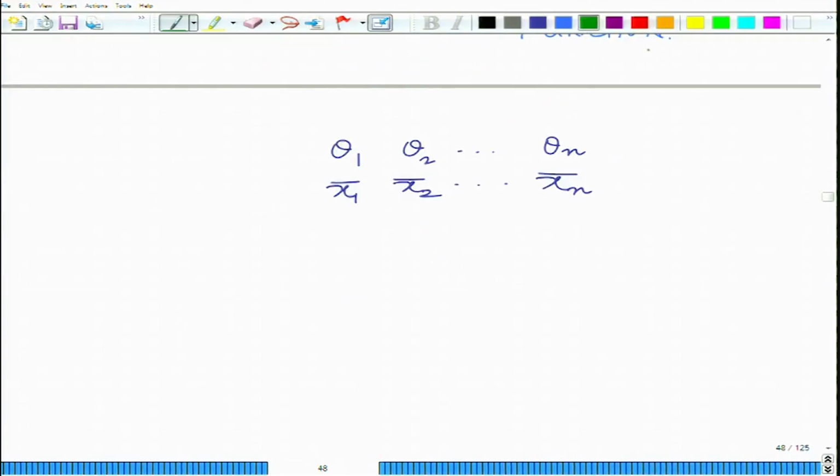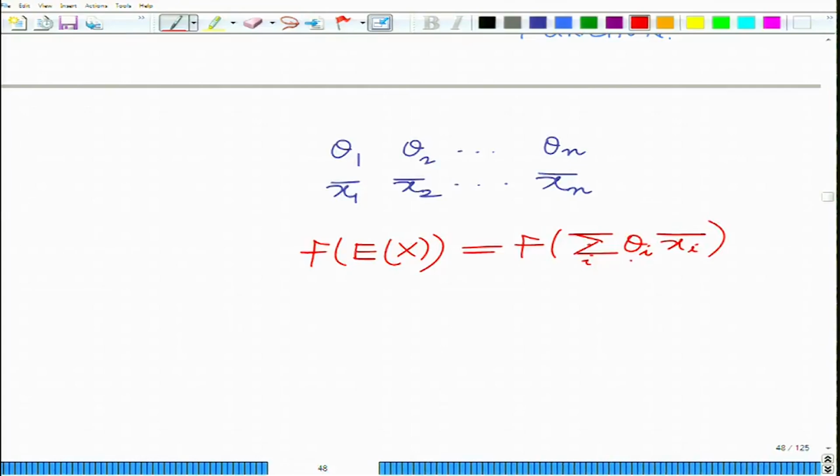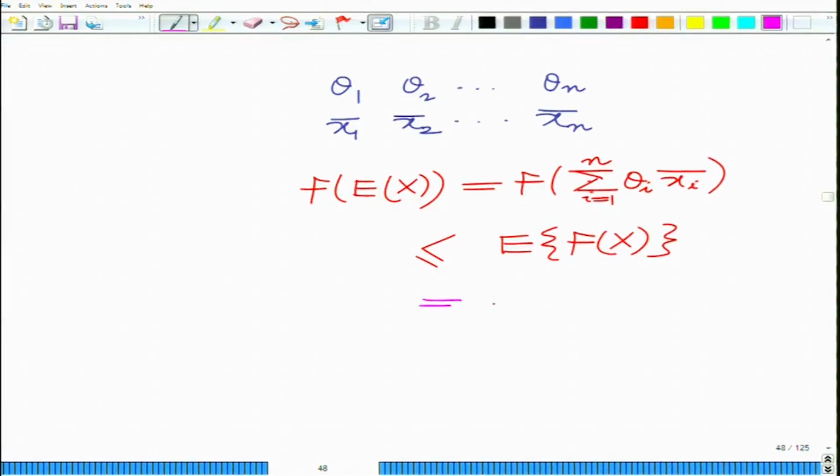Then you have again f of expected value of x, which equals f of summation theta i xi bar, i equals 1 to n, is less than or equal to, again for a convex function, expected value of f of x, which is basically summation i equals 1 to n theta i f of xi bar.